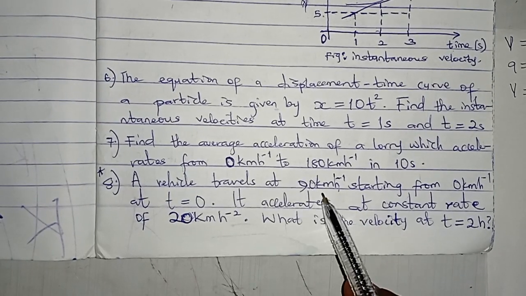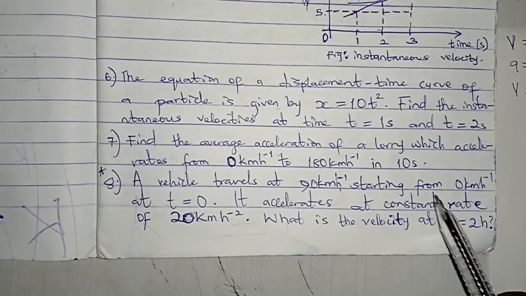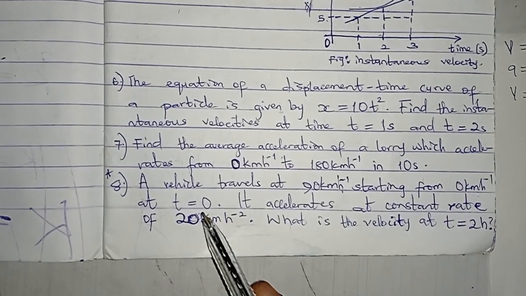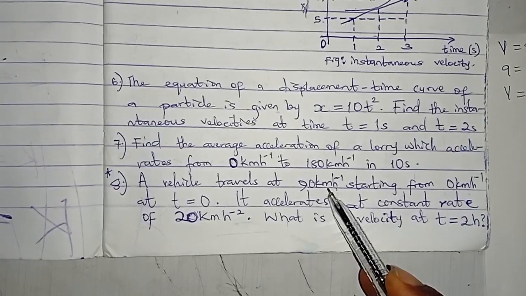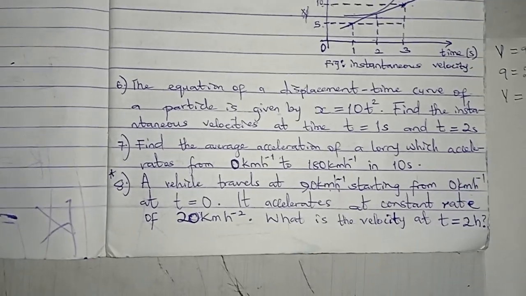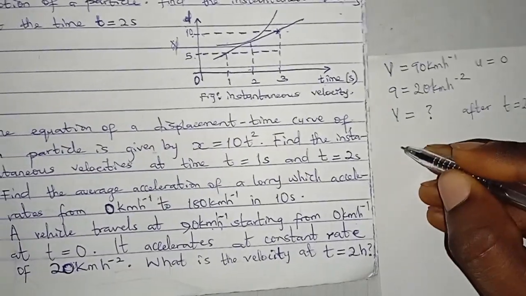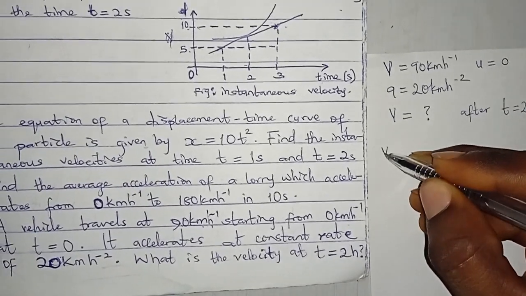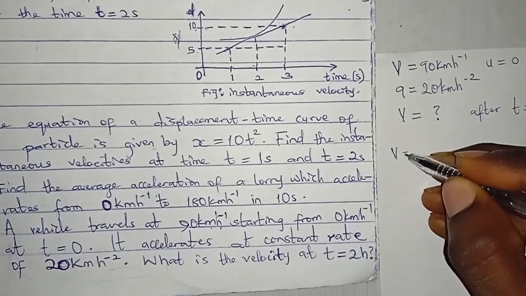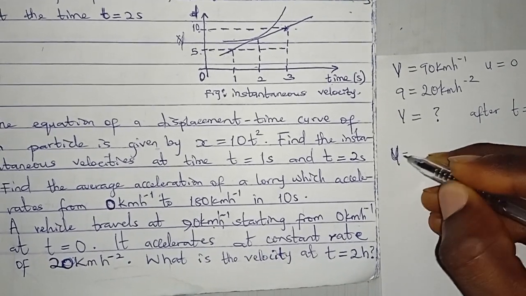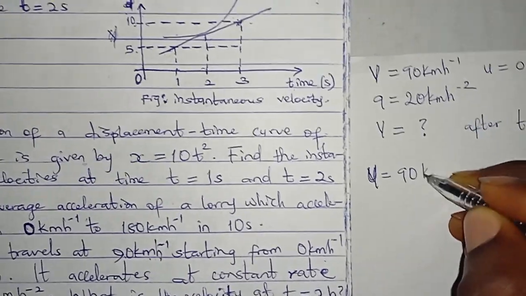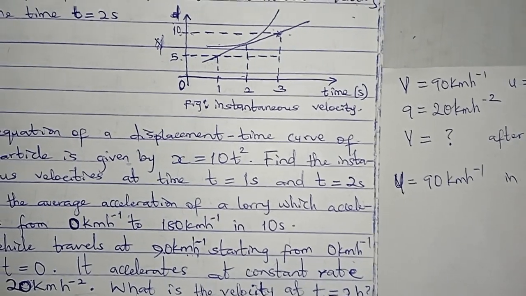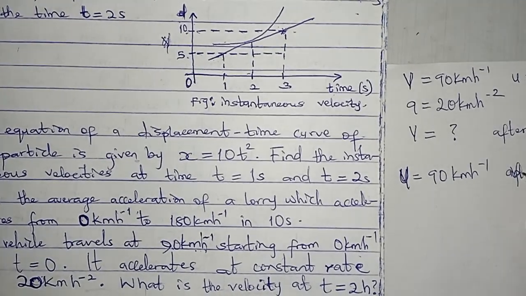The vehicle travels at 90 kilometers per hour, starting from 0 kilometers per hour at t equals 0. So after 2 hours, this should be the initial velocity. So U equals 90 kilometers per hour after 2 hours.